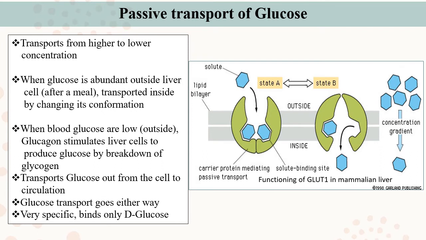On the other hand, when blood sugar levels are low, the hormone glucagon stimulates the liver cell to produce a large amount of glucose by breakdown of glycogen. As a result, the glucose concentration is higher inside the cell than outside, and the glucose binds to the carrier protein. When the protein switches its conformation in the opposite direction, the glucose is transported out of the cell. The flow of glucose thus can go either way. But these transport carriers are very specific. They bind only to D-glucose molecules.